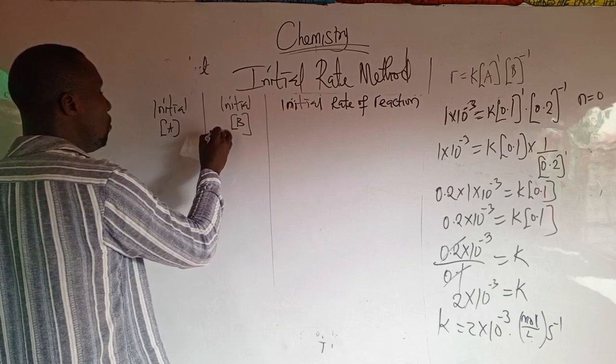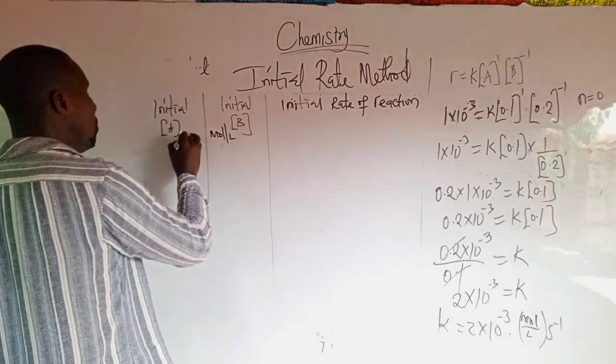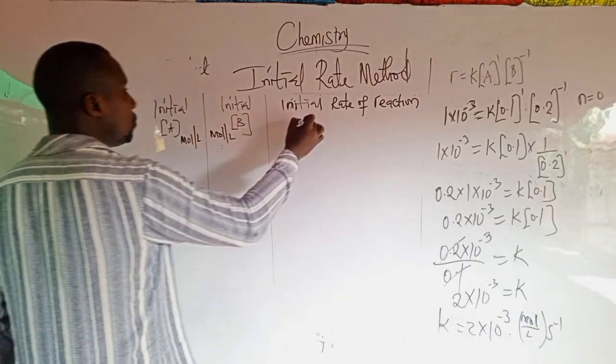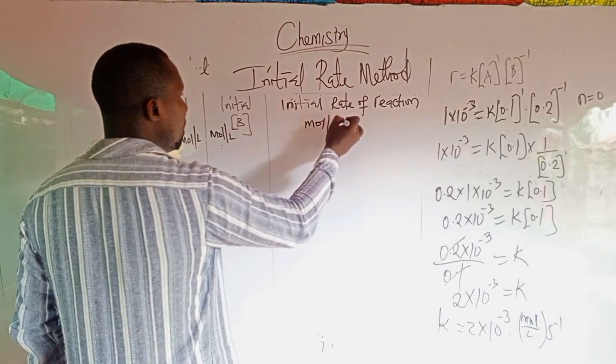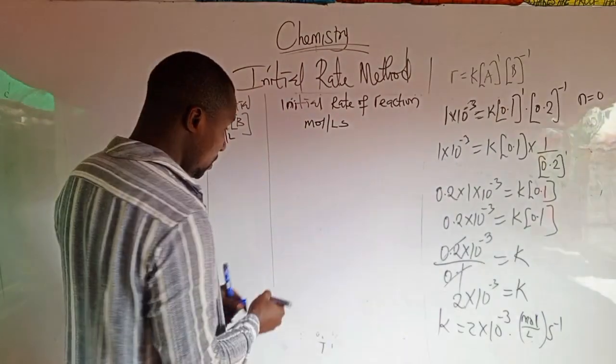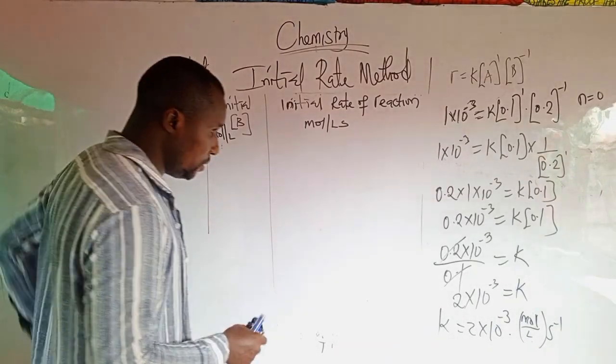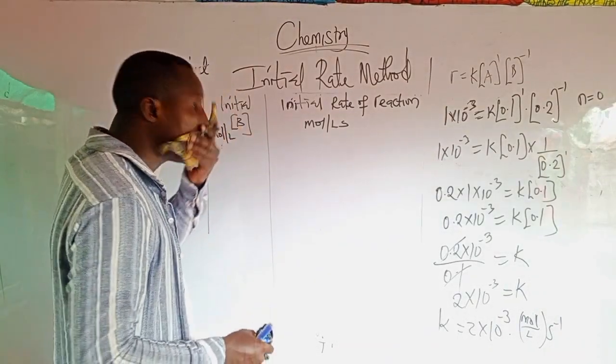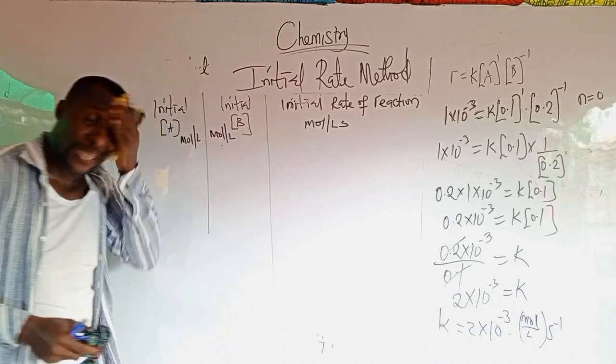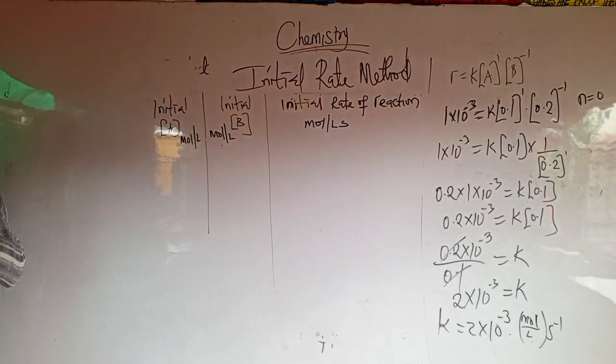The unit of the concentrations is mole per liter, and the unit of the rate is mole per liter per second.